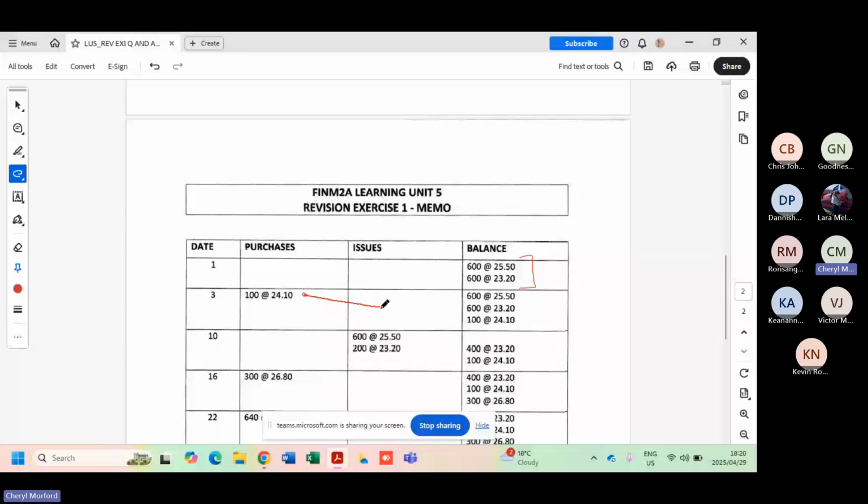We add it to the bottom of the list. So this list in the balance column can get long in this method because every time you buy more, so long as you haven't sold any, you keep adding to the bottom of the list. So the list grows longer and longer. So now we've still got the amounts from the opening inventory, and now we have a 3rd purchase. So we add it on to the bottom.